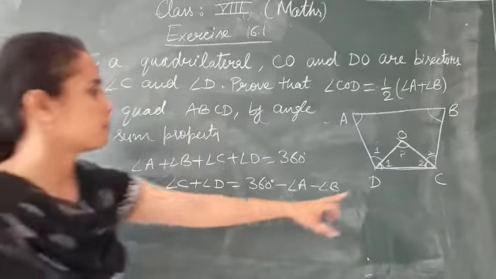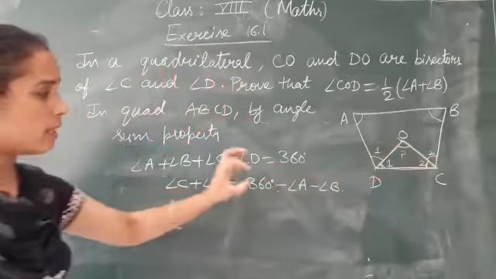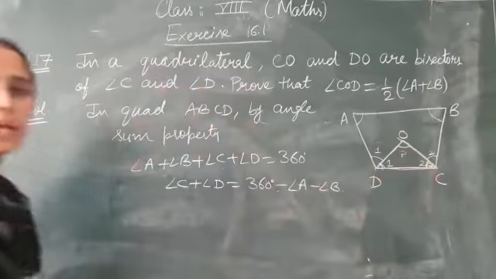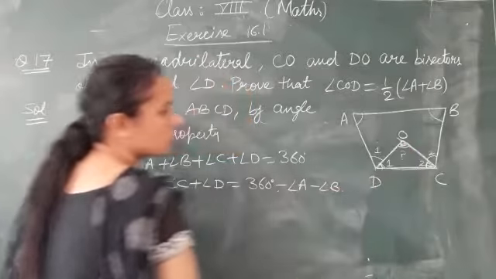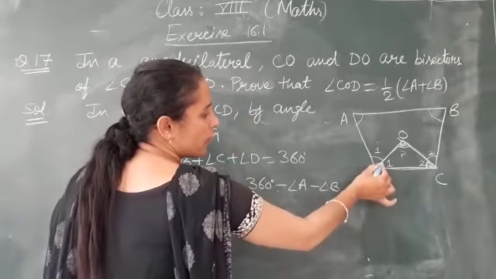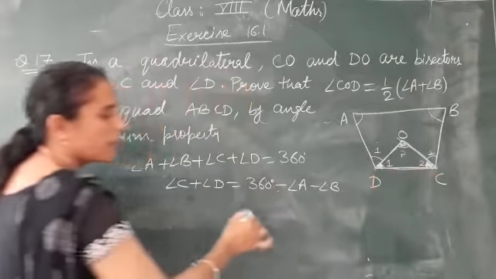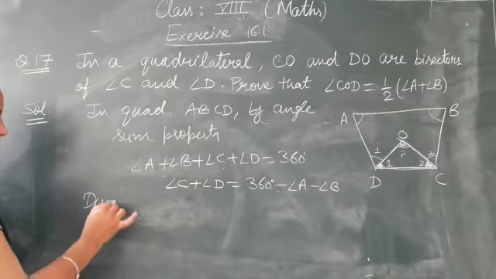Then we know that angle C is not the full angle in this triangle. Half of this is the angle of the triangle, because we want to find this angle in the triangle. So we need this angle of the triangle and this angle of the triangle. These two angles can be calculated by making the half of angle C and D. So for this, we will divide this equation by 2.